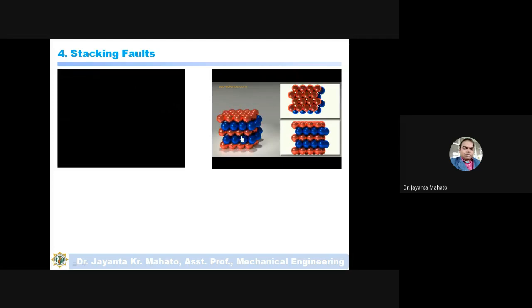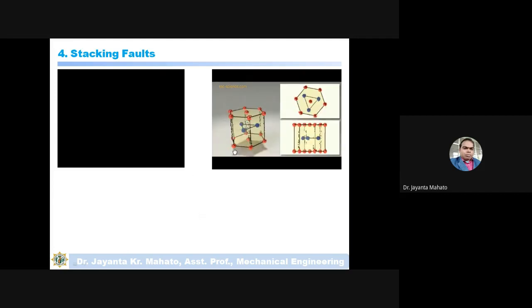In an HCP crystal structure, there are 2 different types of atoms. Just consider 2 different colors of steel balls placed one over another, and this is the structure of an HCP crystal.